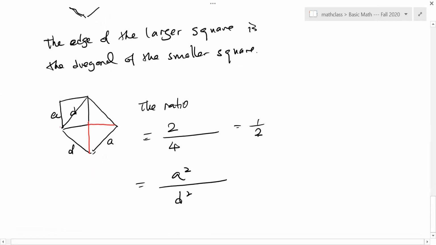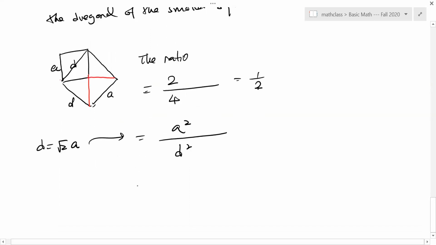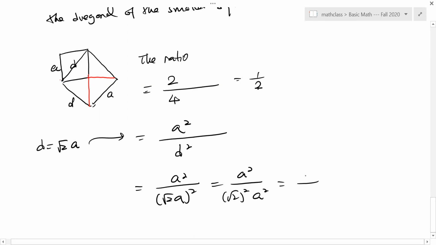But we also know the theorem, D is going to be square root of 2 times A. So you put it here. That would be A squared over square root of 2A squared, which is A squared over 2A squared. Now square root of 2, when you square it, it's going to be 2. So cancel it out, it's going to be 1/2.